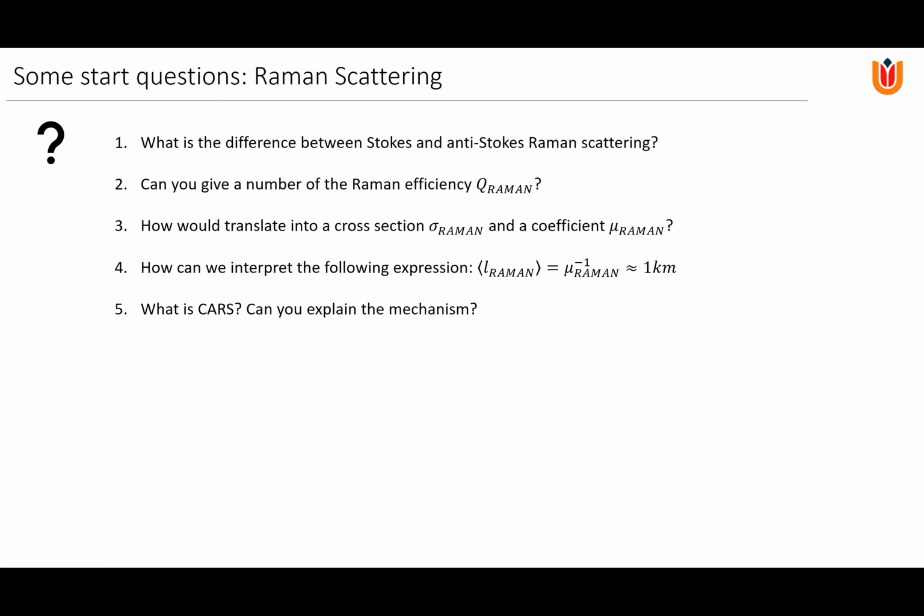So if you lose energy here, then you will get a longer wavelength. If you gain energy, then you will have a shorter wavelength. That is exactly what's happening here. Here, the molecule is already at an excited vibrational level, is excited again to this virtual state, and then falls back to the ground state. So net energy is gained, which results in short wavelengths.